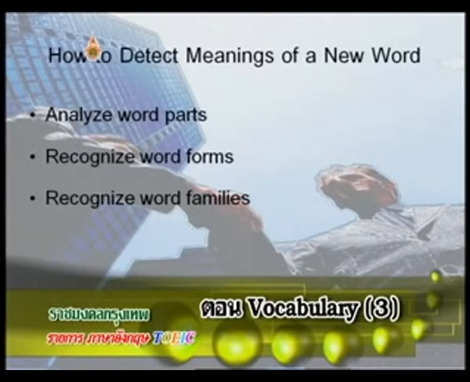And you must learn, remember and recognize different word forms. Different word forms function as different parts of speech. So when you are guessing the meaning of a word, you have to recognize the word form and try to guess the meaning according to its part of speech.